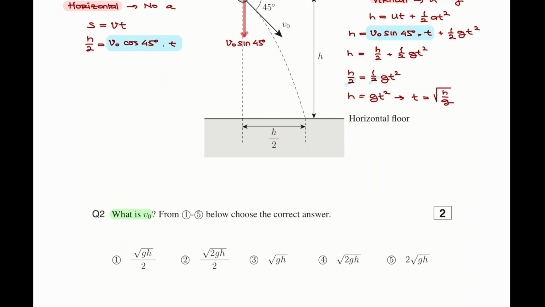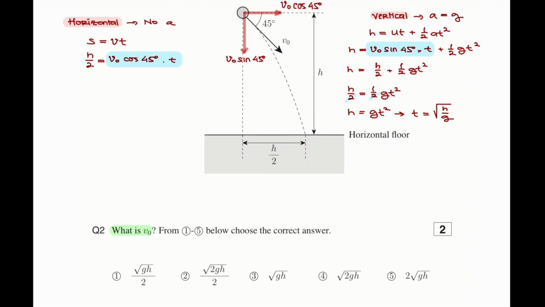And then since I want to find VO, I can substitute the time into either this expression or this expression.